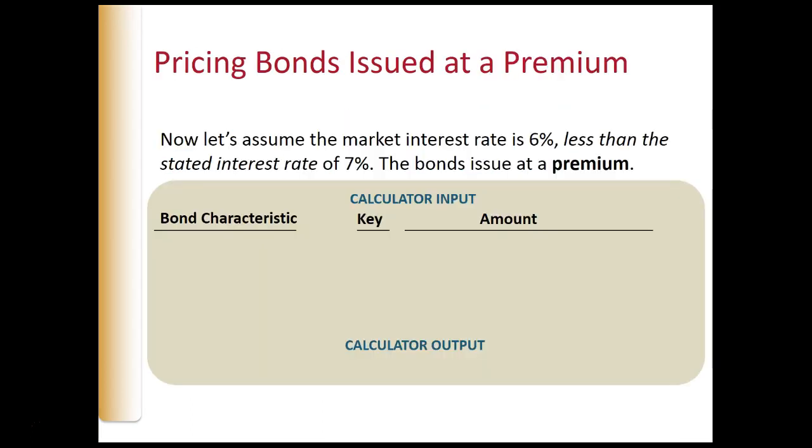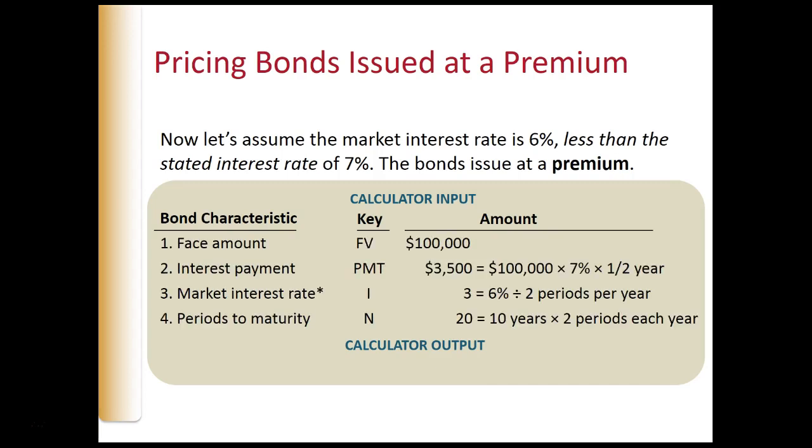Now, in this slide, we're going to assume that California Coasters issues 100,000 of the 7% bonds when other bonds of similar risk and maturity are paying a market rate of only 6%. So the stated rate is 7, the market is 6.